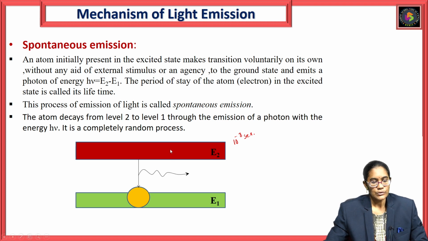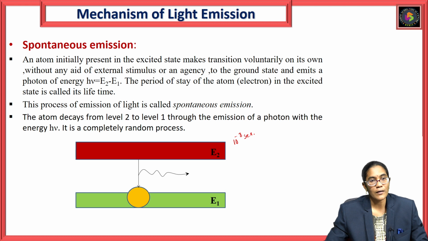After completion of this lifetime, the atoms spontaneously come from the high energy state to the low energy state by emitting a photon of energy h nu. So this process is called spontaneous emission.